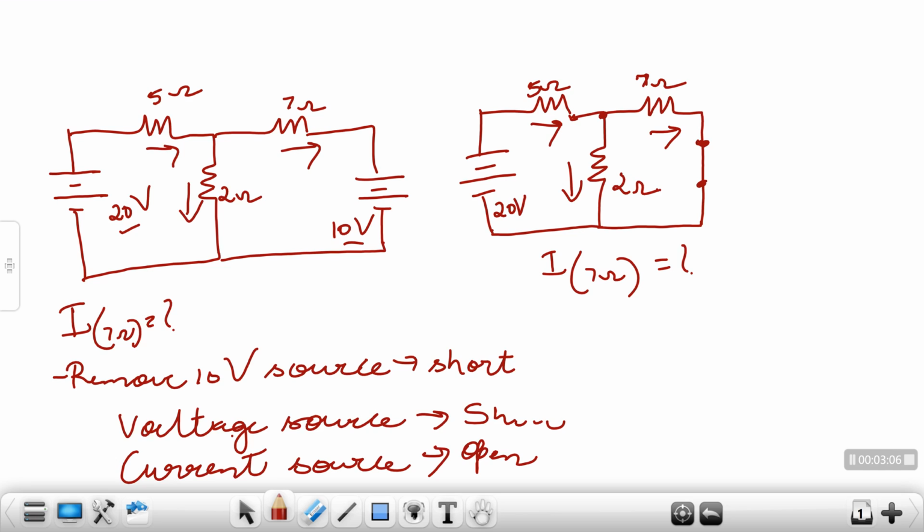So ultimately what I need to do is find the current in my 7 ohms, and if you notice over here, the current in 7 ohms is a part of my current in 5 ohms. So if we try to understand, current in 5 ohms is dividing into current in 2 ohms and the current in 7 ohms.